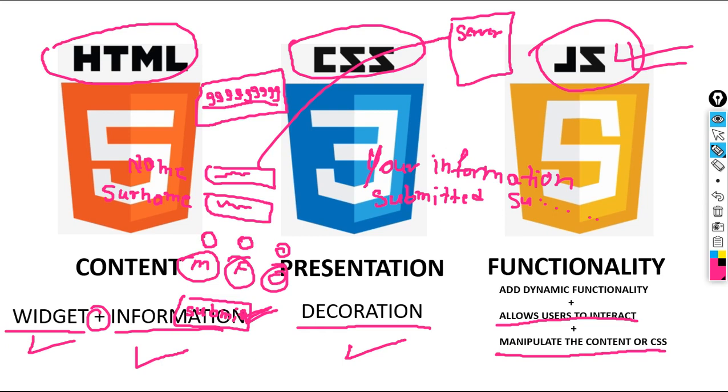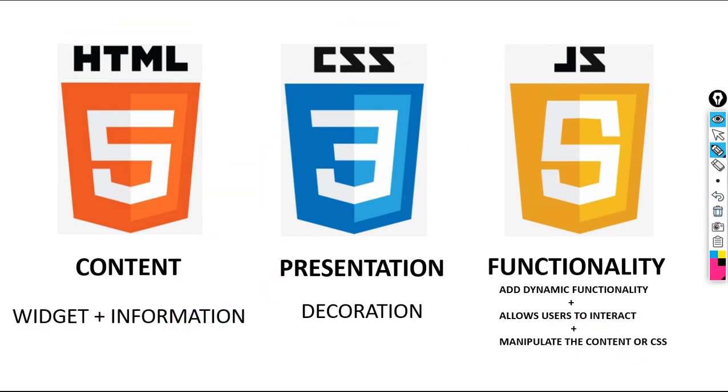Let me repeat once again for better understanding. HTML will provide content of the web page. Content is nothing but widget plus information, and CSS will provide decoration to that particular content.